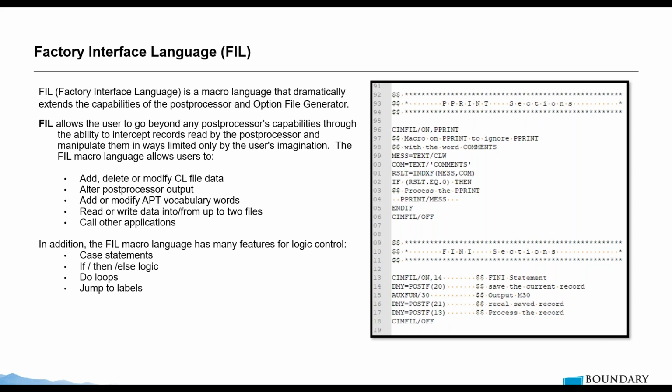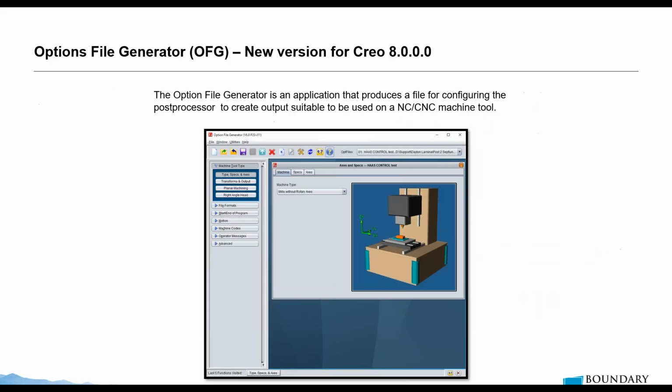So I can show you a little bit about this. I'm not allowed to share actual full programming with you, but we can discuss that, and I can show you that the new option file generator coming with Creo 8 really is powerful, and it will get 90% of the things that you need done in your post processor.